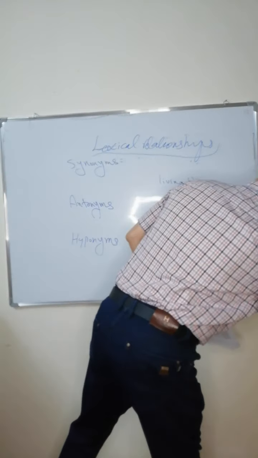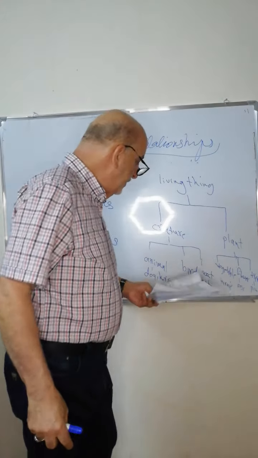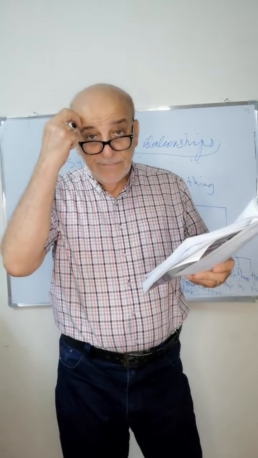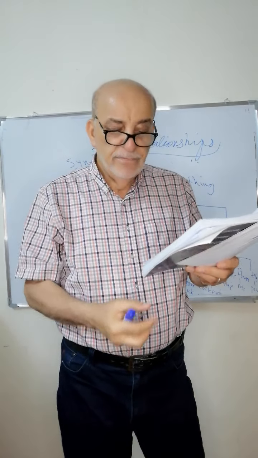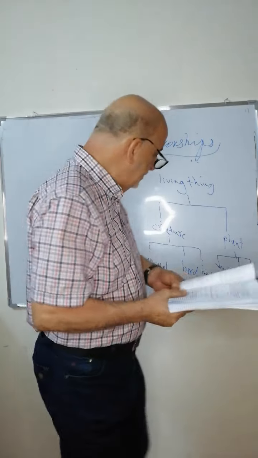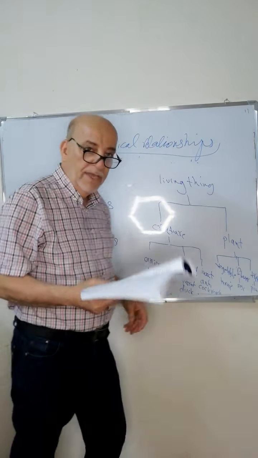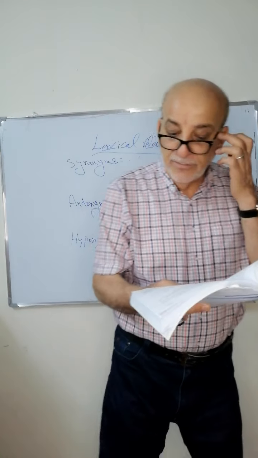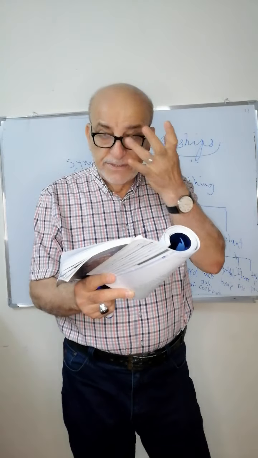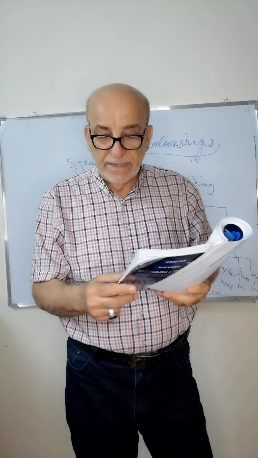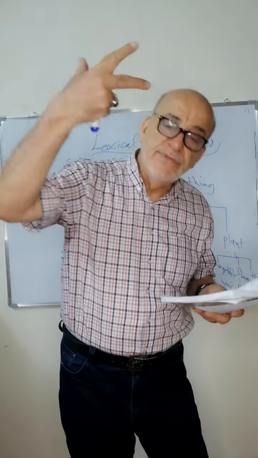Okay, put it under bird. He says, looking at the diagram, we can say that horse is a hyponym of animal, included in animal. Or ant is a hyponym of insect. Hyponym means included in.